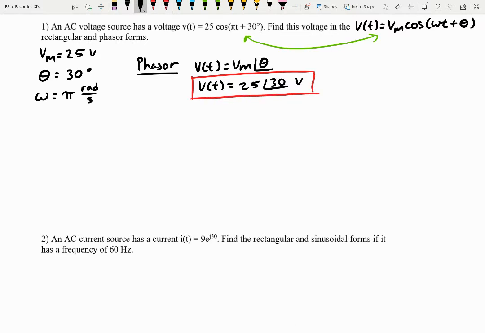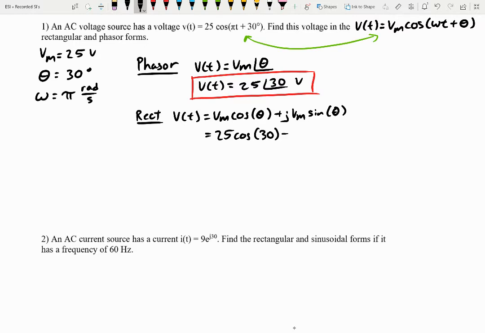Rectangular, all we need to do, V of t is just Vm cosine theta plus j Vm sine theta. So this will be 25 cosine of 30 plus j 25 sine of 30.